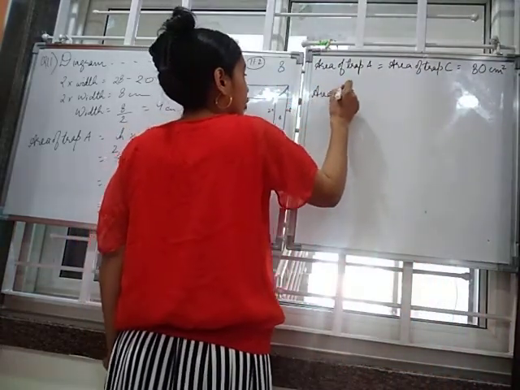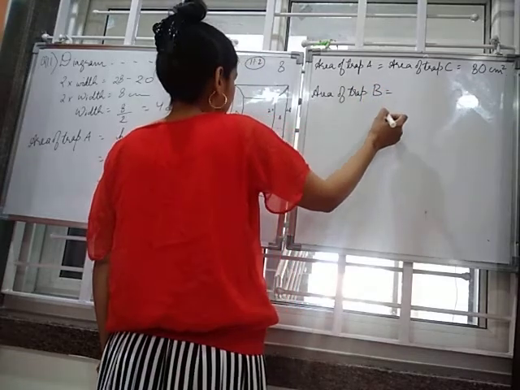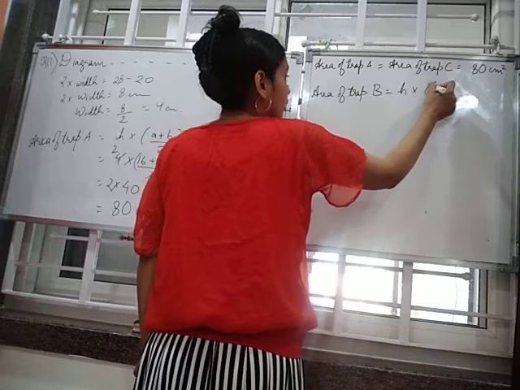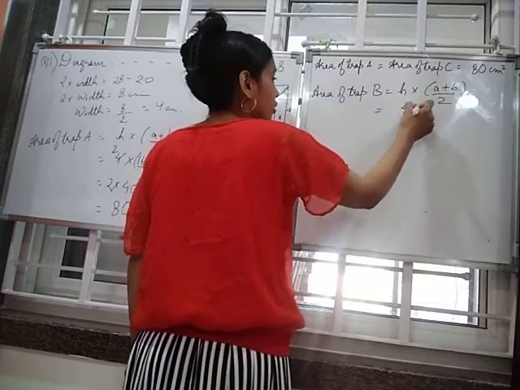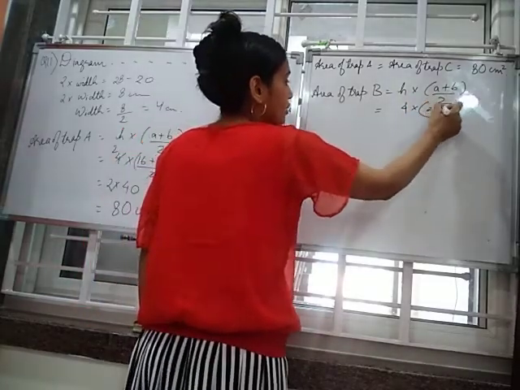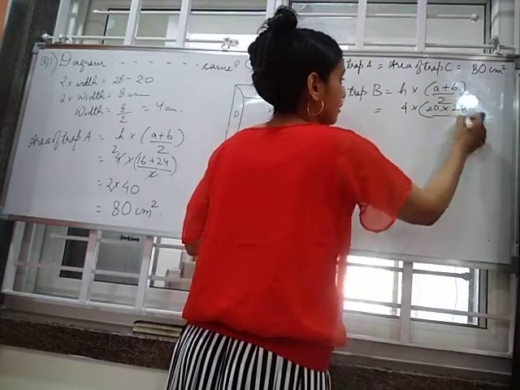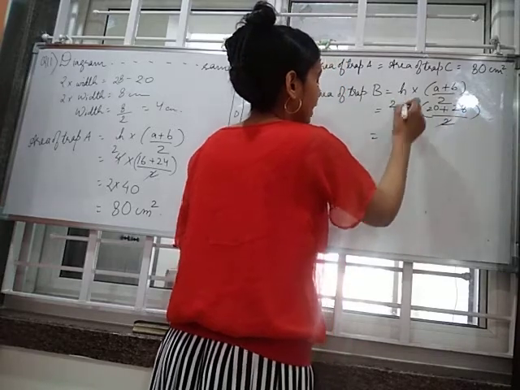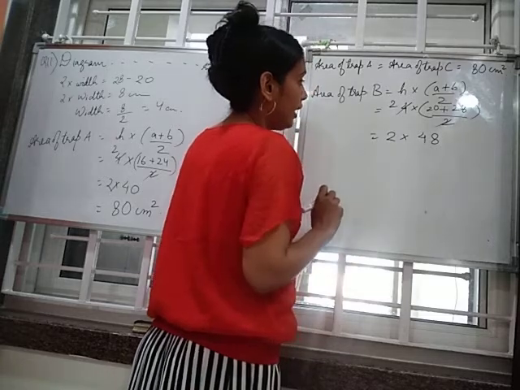So area of trapezium B, that is H into A plus B by 2. Here H is again 4. What is A? A is 20. What is B? B is 28. Sum of parallel sides. 4 into will get cancelled. 2 into 48.